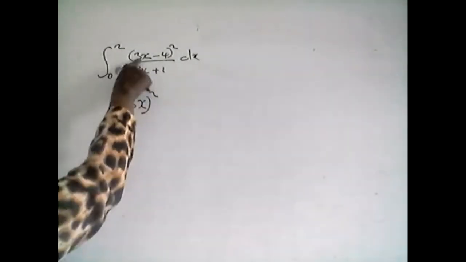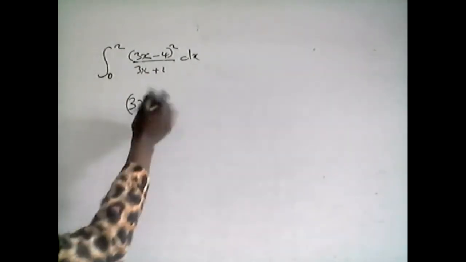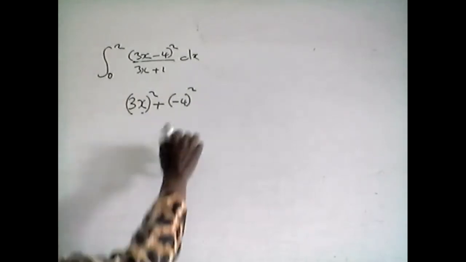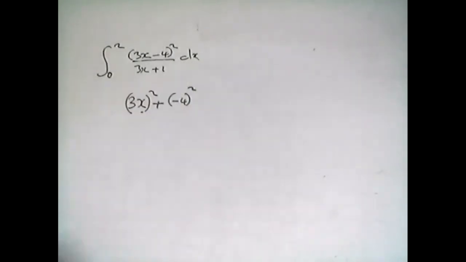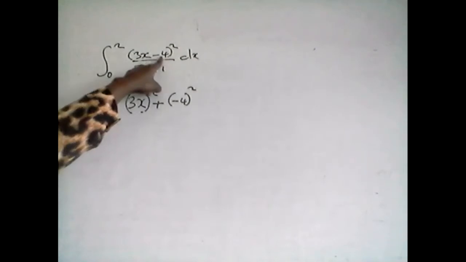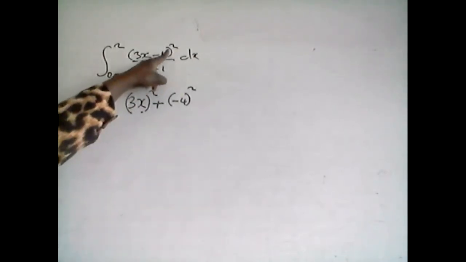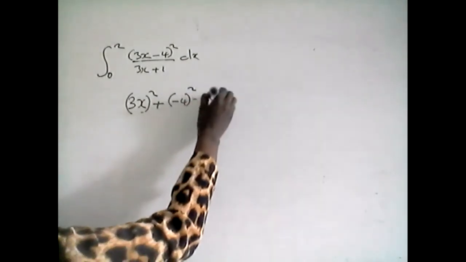So now we start with this part, which is this. The next thing, plus -4 squared. Then next, it is this multiplied by this. So 3x multiplied by -4 is -12. -12 multiplied by our power there, we're going to have -12x. -12x multiplied by 2 will give us -24x.